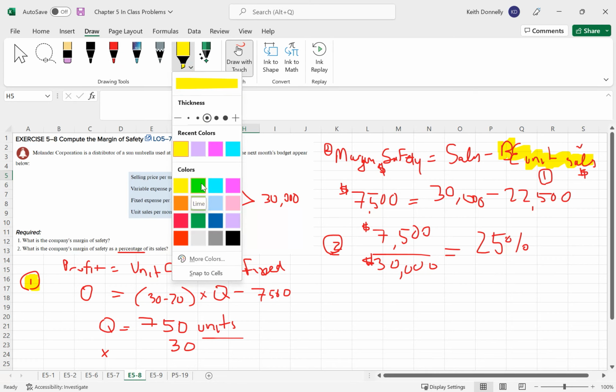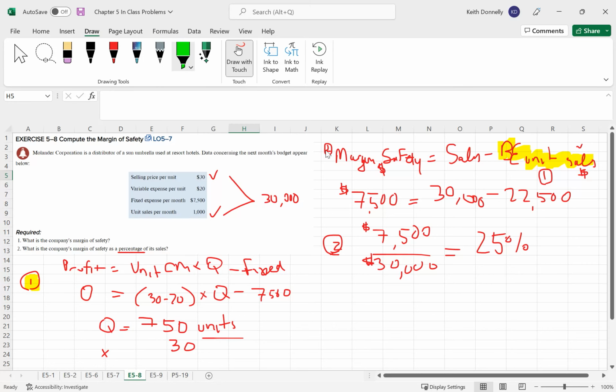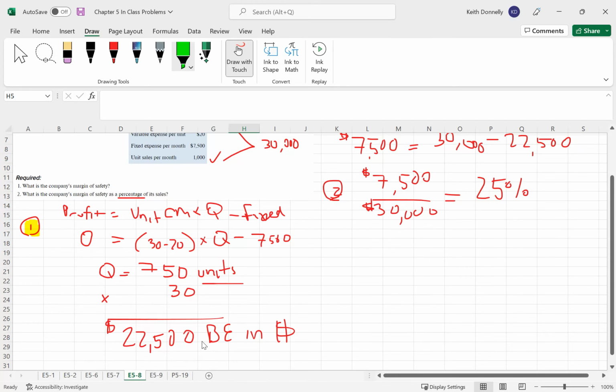Right, so let's just do a quick run through here of how we did this, right? They're asking first for the margin of safety in dollars. To get that, it's going to be our budgeted sales, or our expected total sales, minus the break even in sales dollars. We then had to go down here and calculate that break even in sales dollars down here. But to get that, the first thing you have to calculate is break even in sales units.